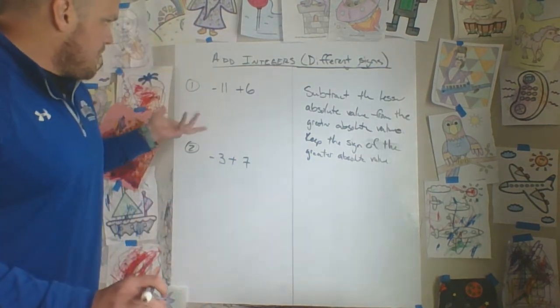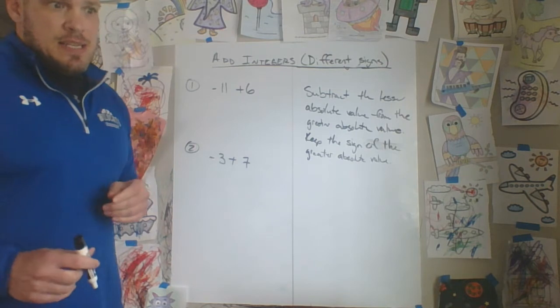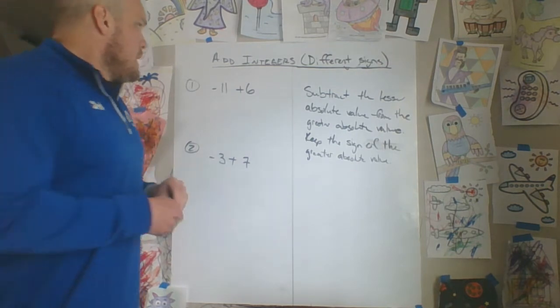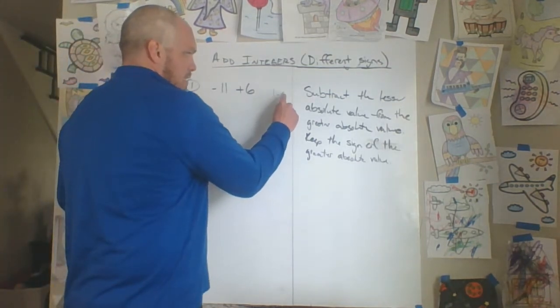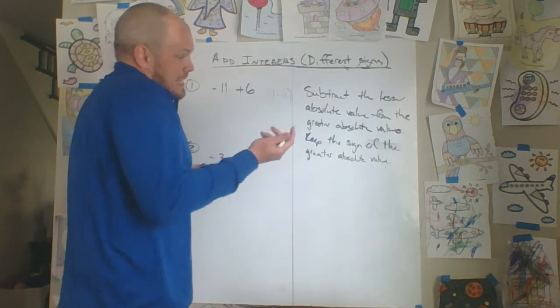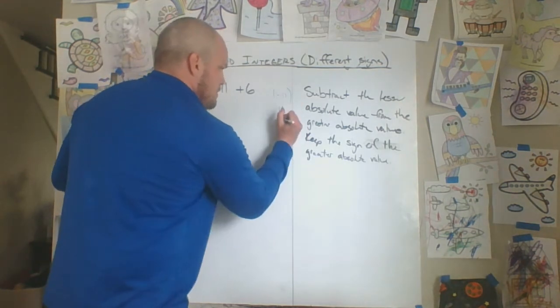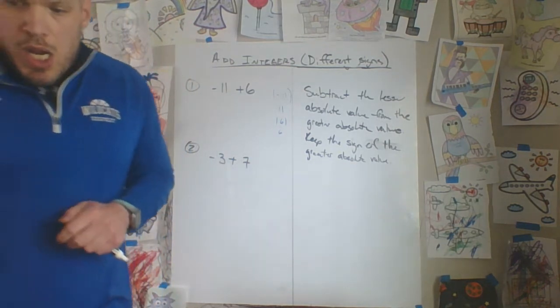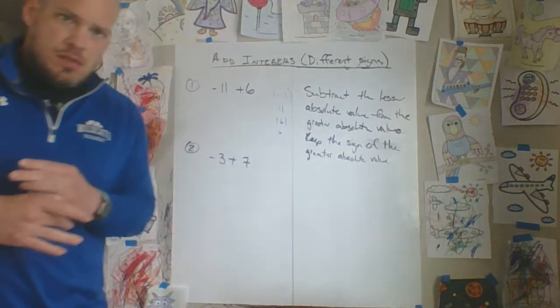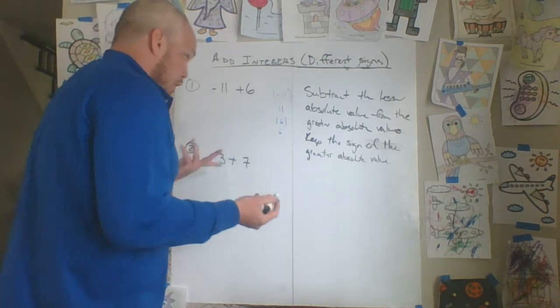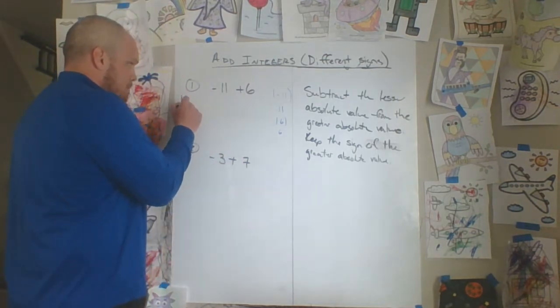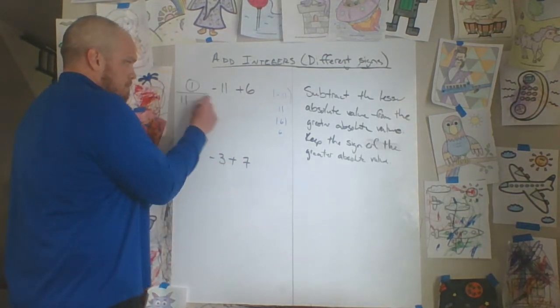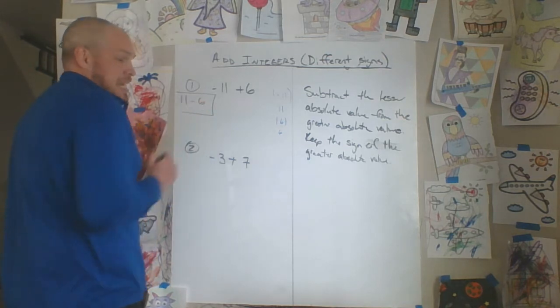So when we're looking at this, we have negative 11 and positive 6. The absolute value of negative 11 is 11. The absolute value of 6 is 6. So 11 has a greater absolute value. So what we're going to do is 11, I'm going to do this off to the side, 11 minus 6.